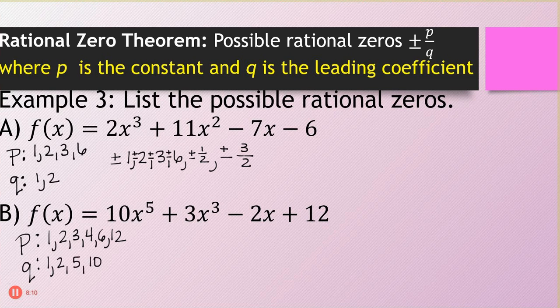So let's list our possibilities, and this is going to be a pretty long list. We're going to start off again with all of these numbers, all 6 numbers divided by 1. So plus and minus 1, 2, 3, 4, 6, 12.